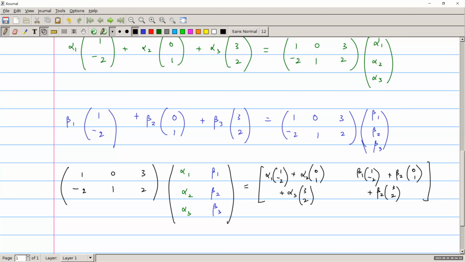You need 3 coefficients, and so the number of rows in the second matrix must be 3. Here we kept track of 2 linear combinations, but you could keep track of 20 or 30, any number you want. There's no restriction on the number of columns in the second matrix.